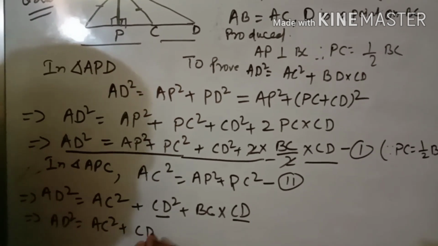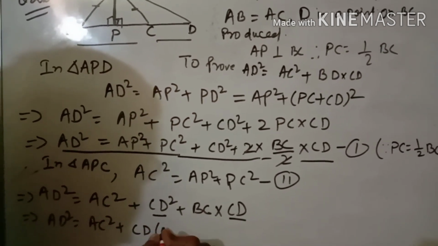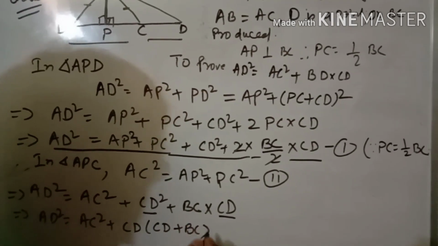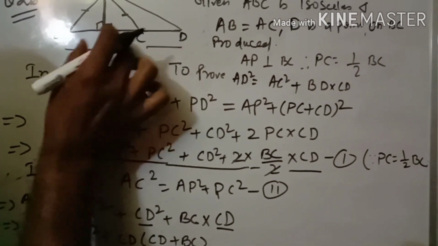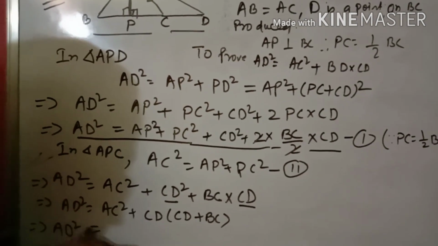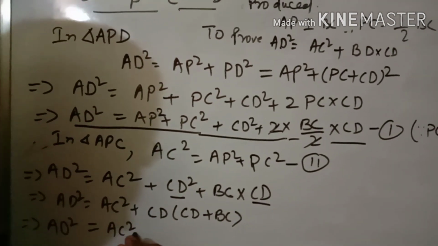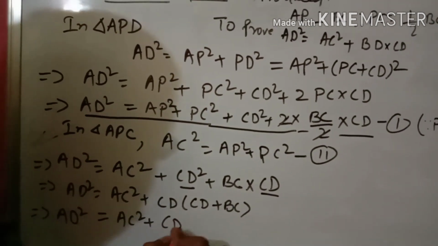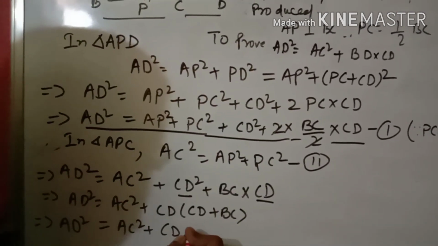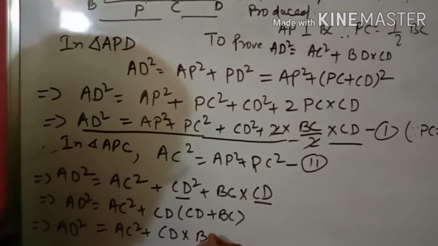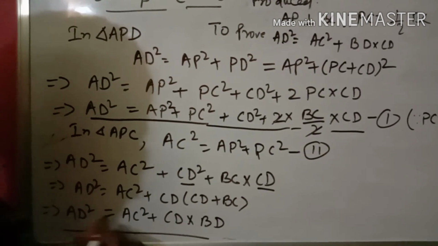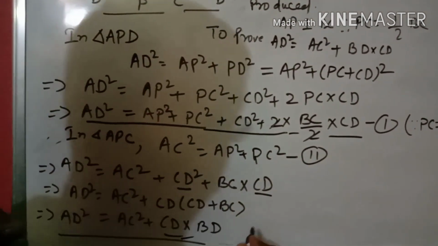If I take common CD, it will be CD plus BC. Now CD plus BC equal to BD, so I can write into BD. So this is our required proof.